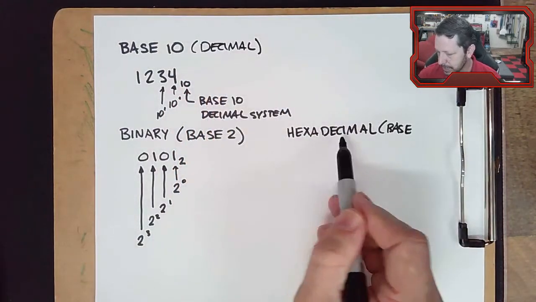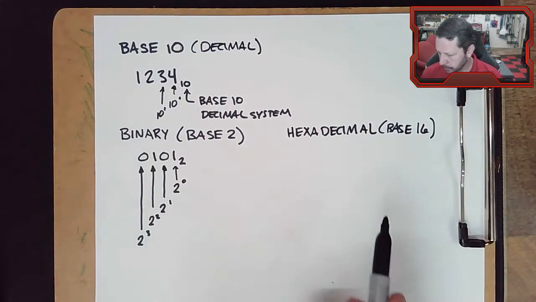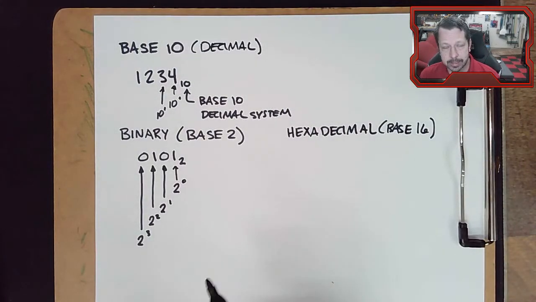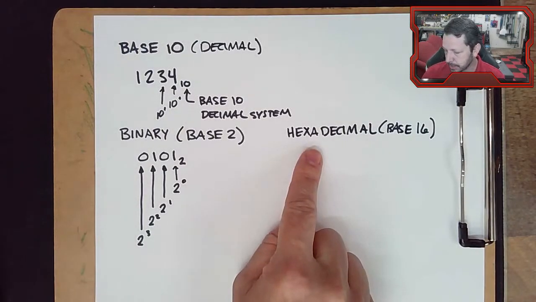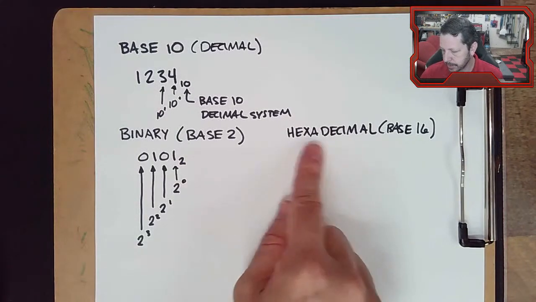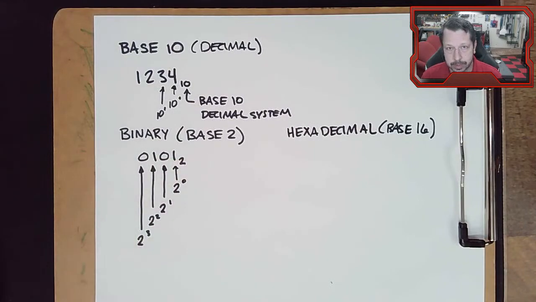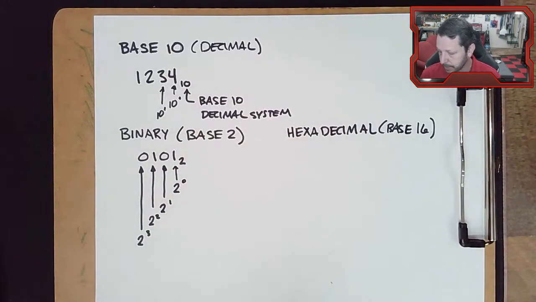So hexadecimal is actually base 16. And it's useful in computer programming. It's not necessarily how the computers work, but a lot of the really low-level coding occurs in hexadecimal, because you can use 2 positions, numbers or letters, to represent a larger number when you have a base that's larger than base 2 or base 10 or whatever.